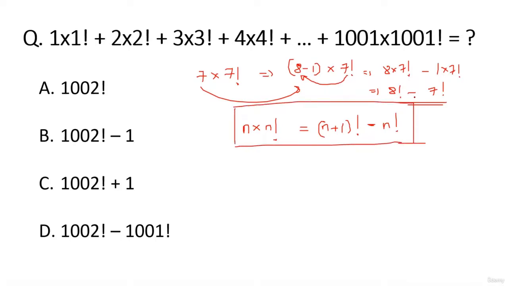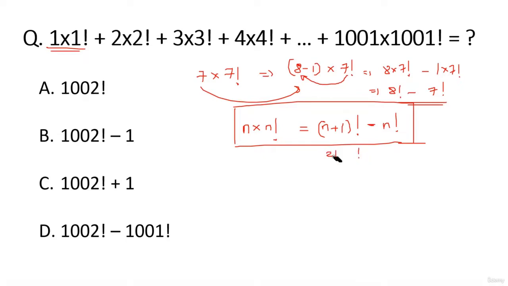This is the very first method using which we'll solve the question. Now look, the first term is 1 into 1 factorial. We saw that n into n factorial is (n plus 1) factorial minus n factorial. So 1 into 1 factorial becomes 2 factorial minus 1 factorial.